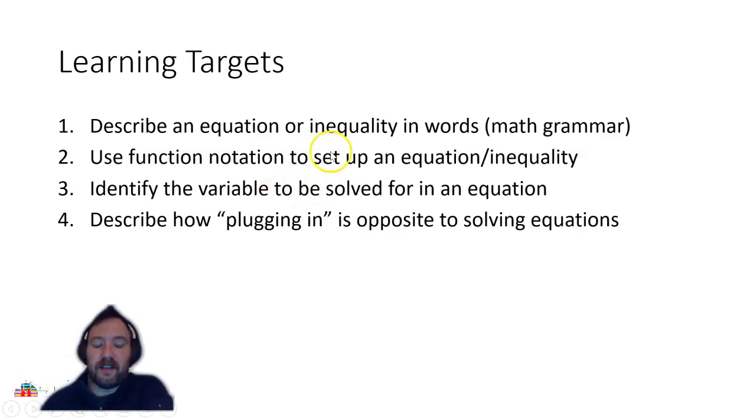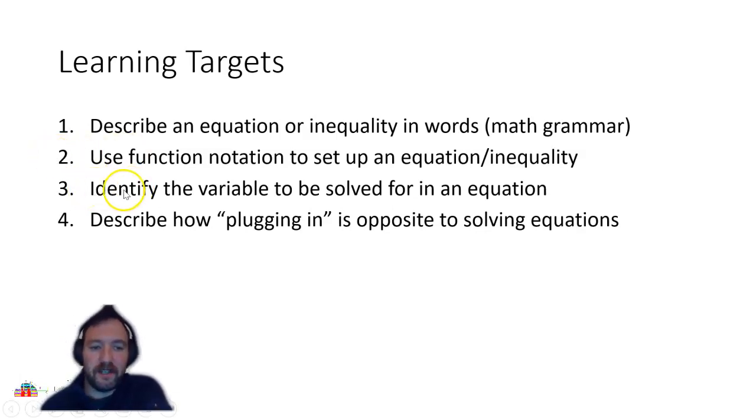The second learning target is using function notation to set up our equations and inequalities. Function notation is the analogy, in grammar, to punctuation. You can't read a sentence very well without punctuation. Function notation is going to allow us to read and write mathematical sentences, equations, more easily.